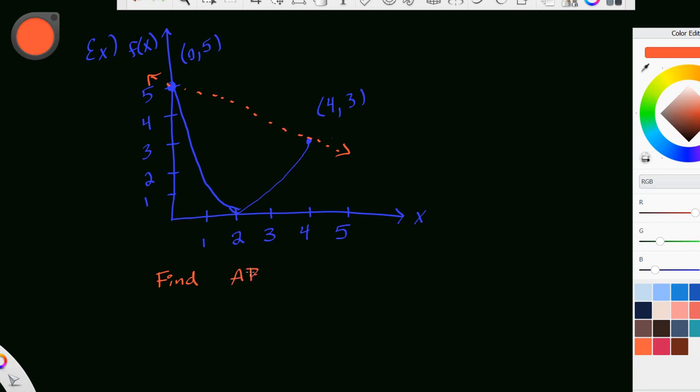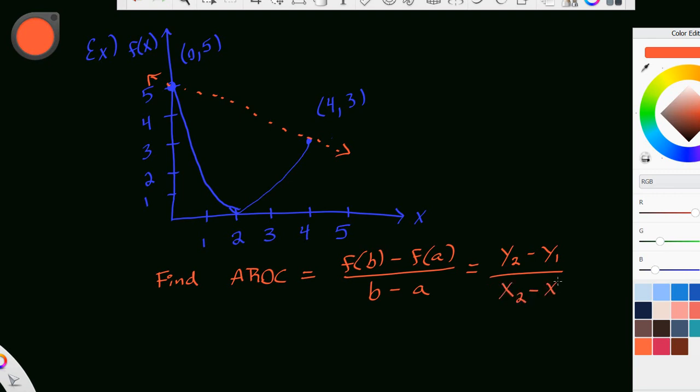So find average rate of change. So remember that the average rate of change is going to be f of b minus f of a divided by b minus a. Now, this is actually the same thing as y2 minus y1 over x2 minus x1.